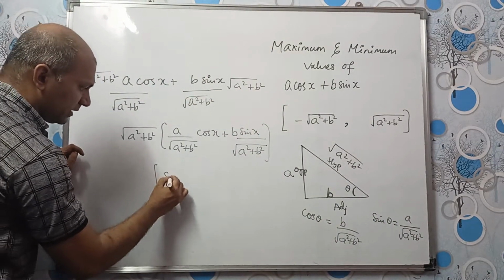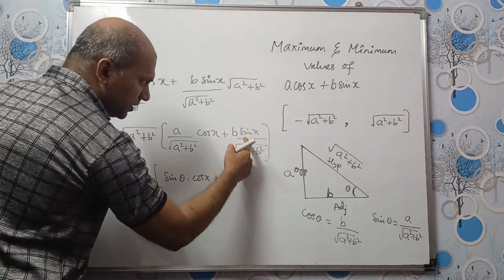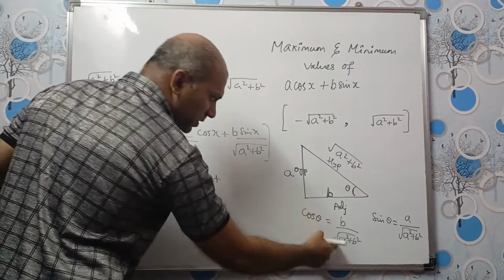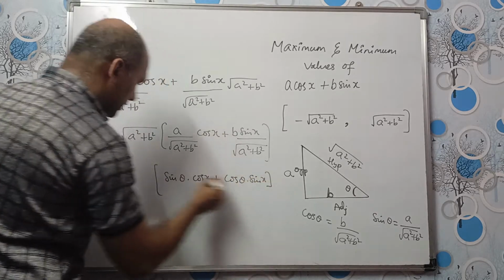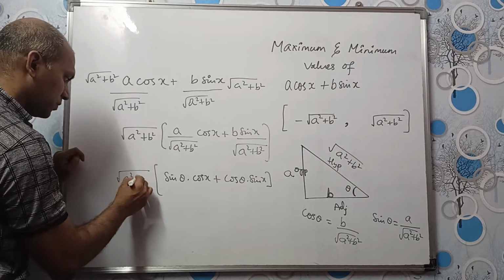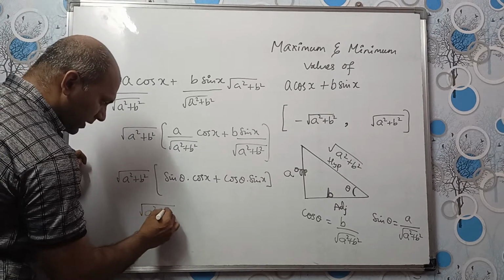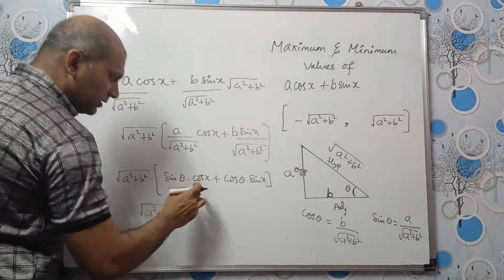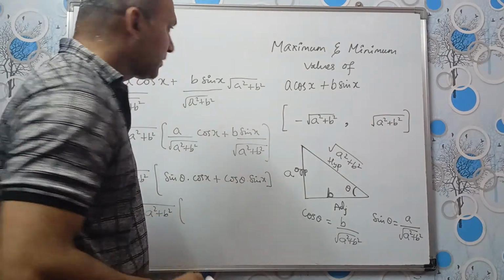So let us write this as sin theta multiplied by cos x, plus b over root of a square plus b square, which is cos theta, multiplied by sin x. And we have root of a square plus b square outside. So this is root of a square plus b square times sin theta cos x plus cos theta sin x.